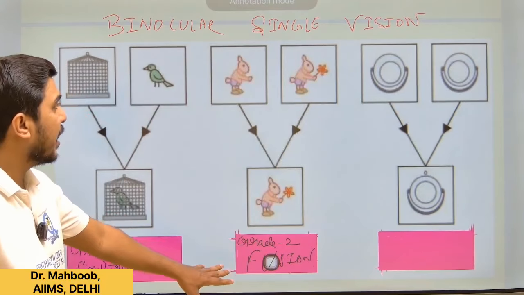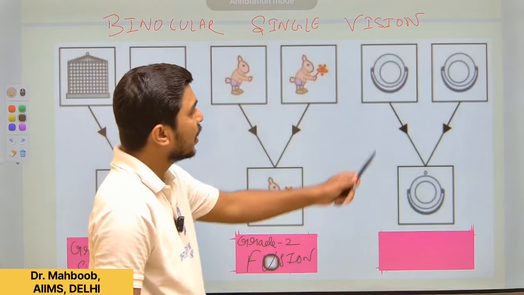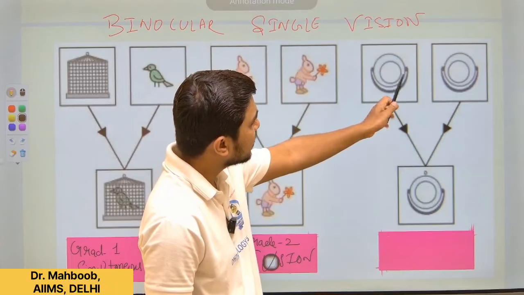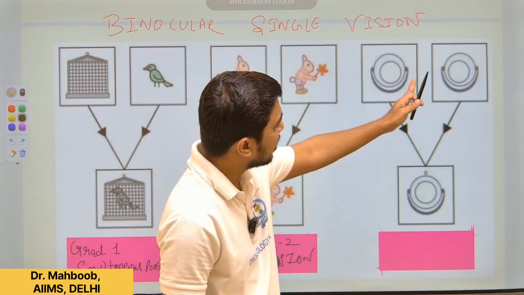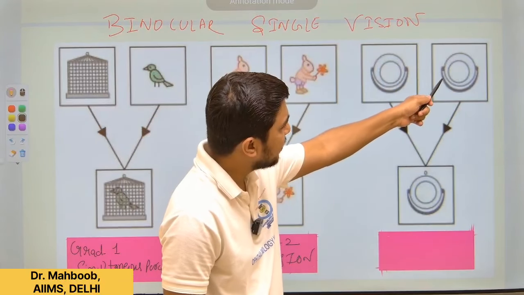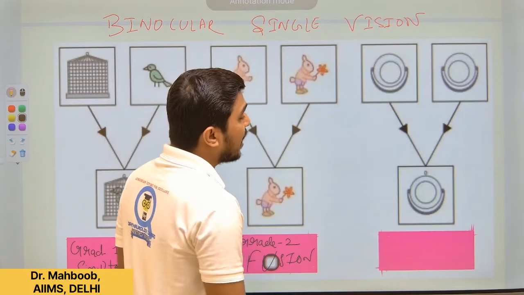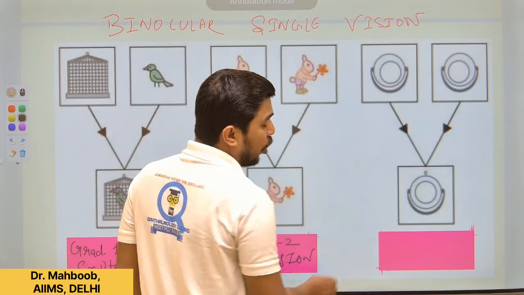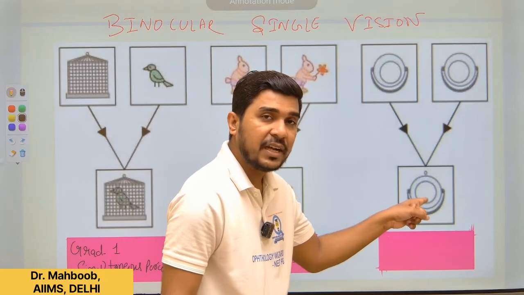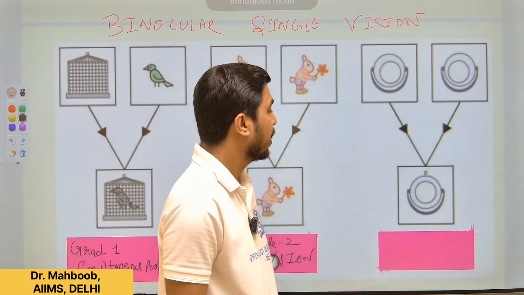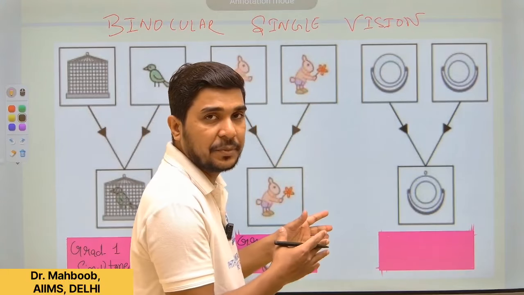So this is fusion. Now you see this inner circle is shifted left, and this inner circle is shifted right. But normal eyes perceive perfect centration of the circle. That is depth perception.